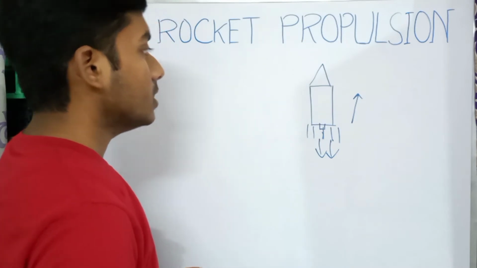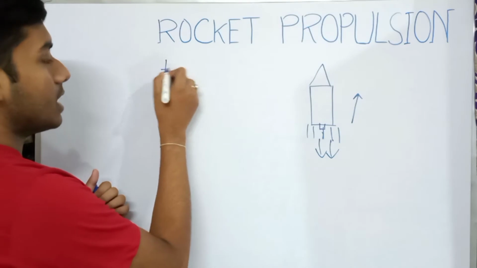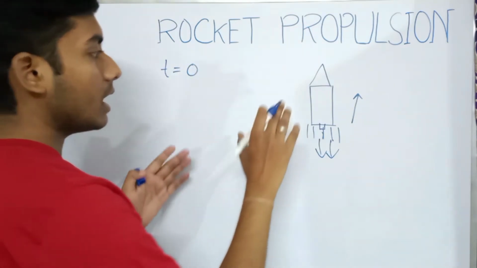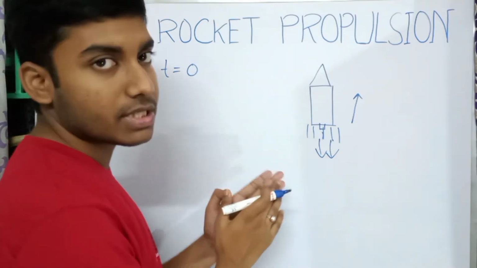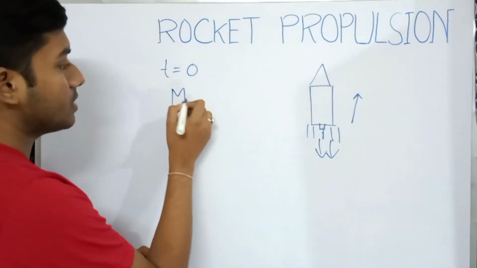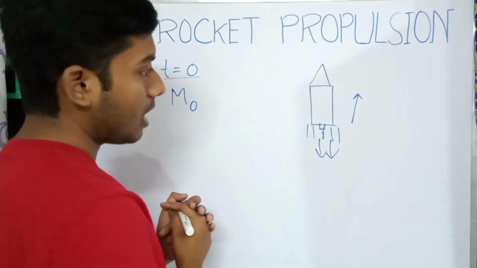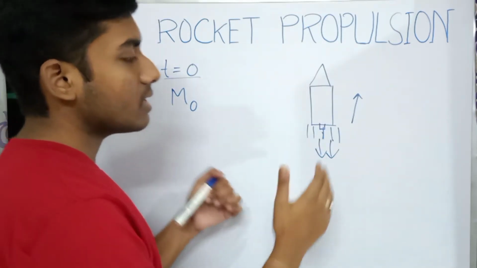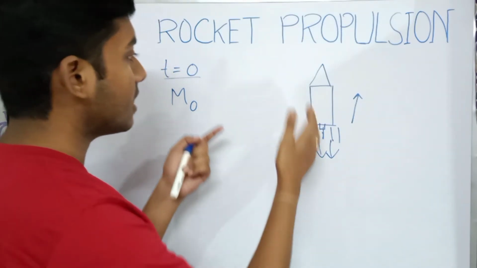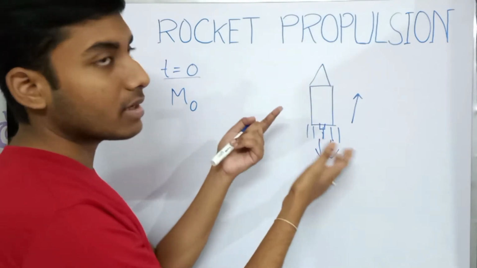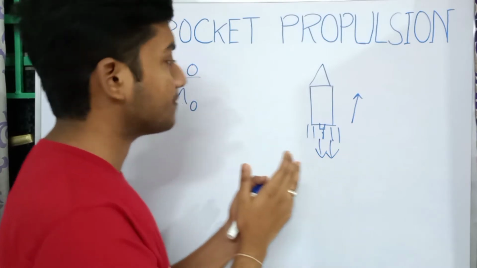Now suppose at time t equals 0, the mass of the rocket fuel system is m0. Now as time increases, the fuel burns and the mass of the rocket becomes smaller and smaller as time passes.